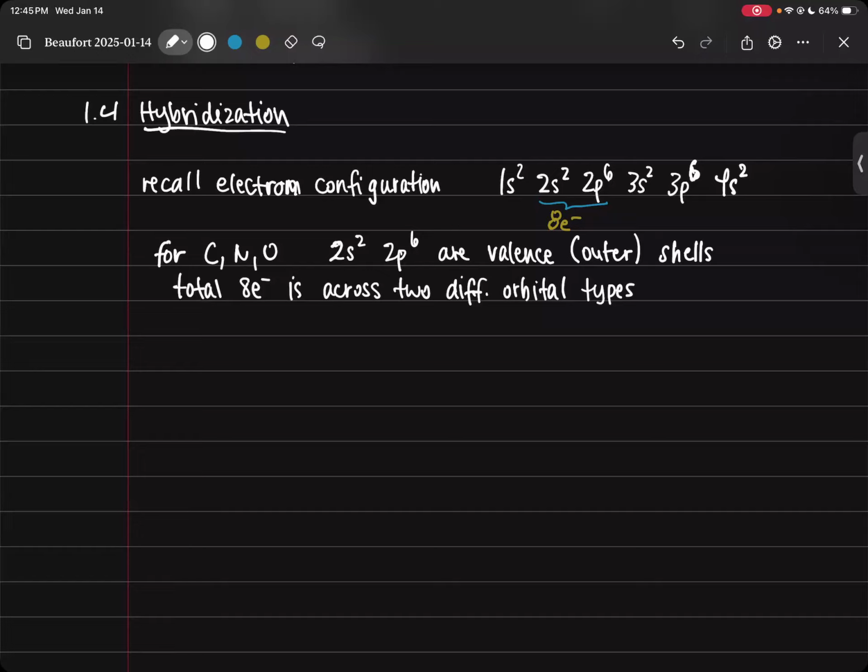That doesn't matter immediately for our purposes, but the important thing is that they're different. So if we used that description, then 2 of the electrons are going to be in the s orbital, and 6 of them are going to be in p orbitals, 3 different p orbitals. What that would look like in an energy diagram is this. There's 3 2p orbitals, and they're higher in energy than the 2s orbital, and there's just one 2s orbital.